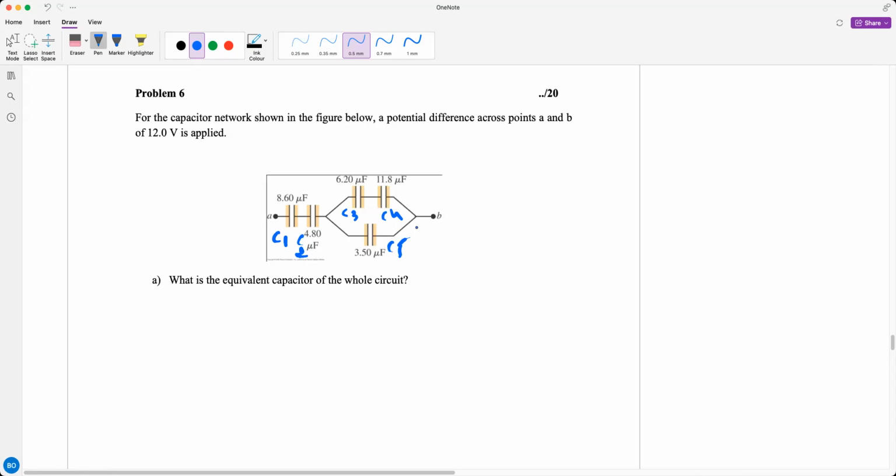Analyze and see what we have, either parallel or series. Which ones are in series? C1 and C2 are in series, and also C3 and C4. Very good. And obviously C3 and C4 are together in parallel with C5, right?